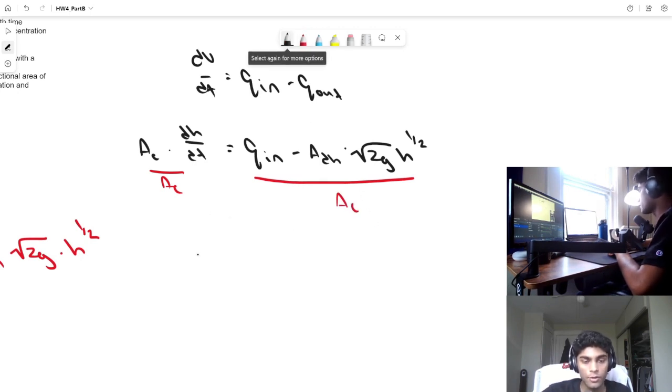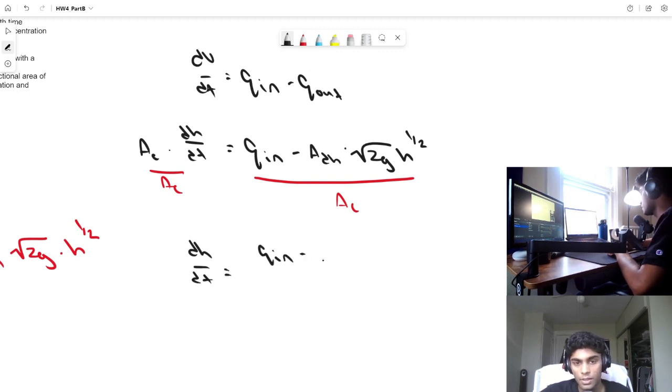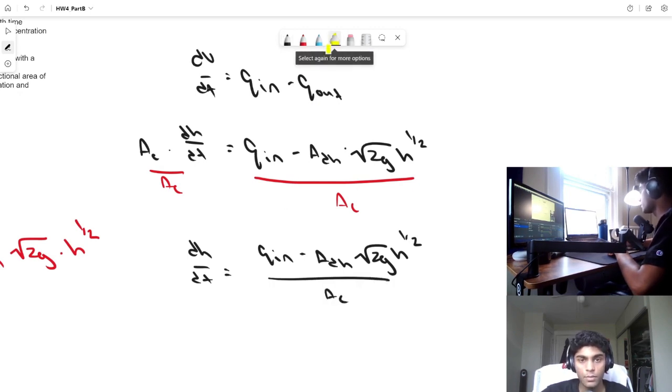And so the first differential equation that we end up with is dH/dt is equal to Q in minus area of the drainage hole times square root of 2g times h to the 1/2 power, all over A_C. So here is differential equation number 1.